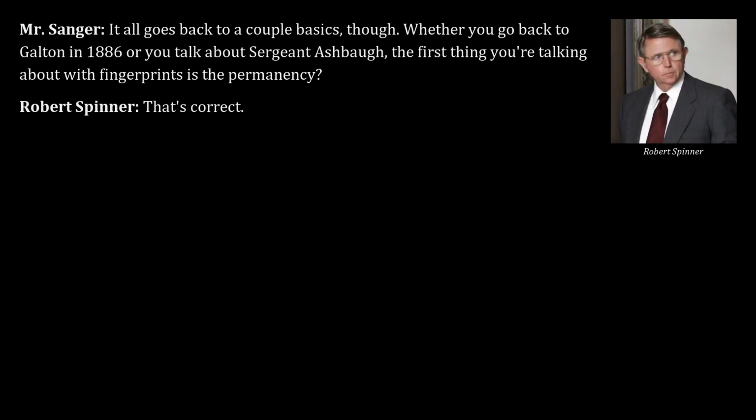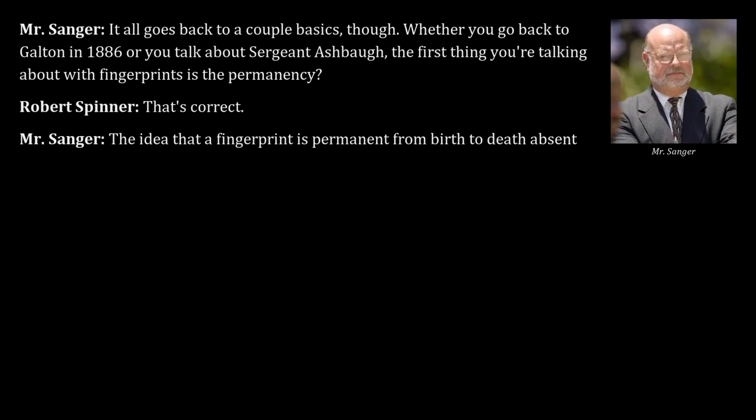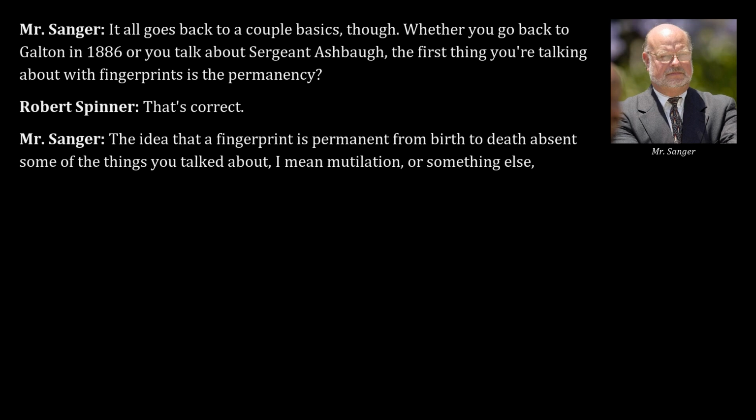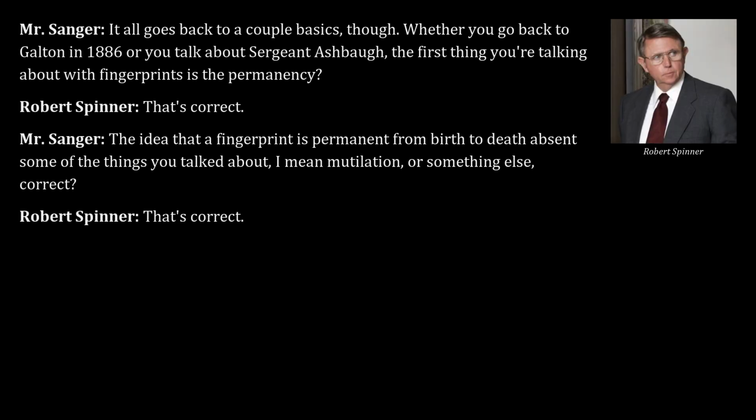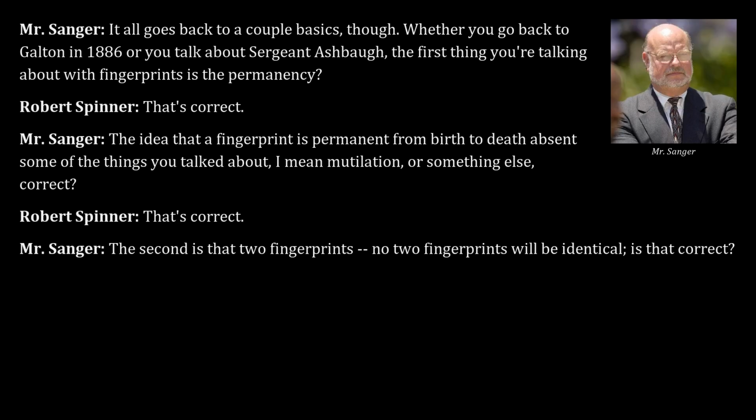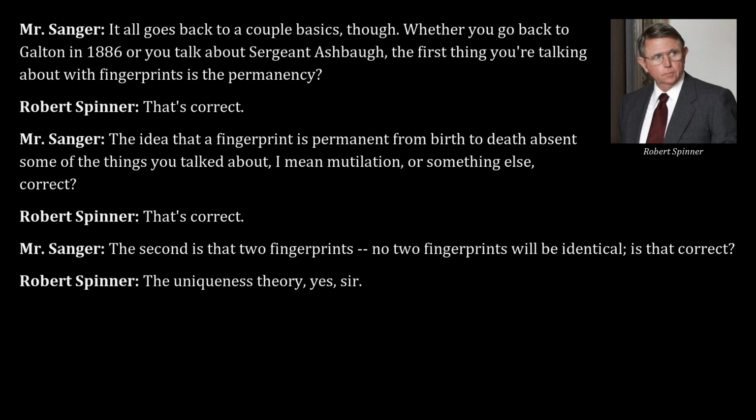That's correct. The idea that a fingerprint is permanent from birth to death absent some of the things you talked about, I mean mutilation, or something else, correct? That's correct. The second is that no two fingerprints will be identical. Is that correct? The uniqueness theory, yes, sir.